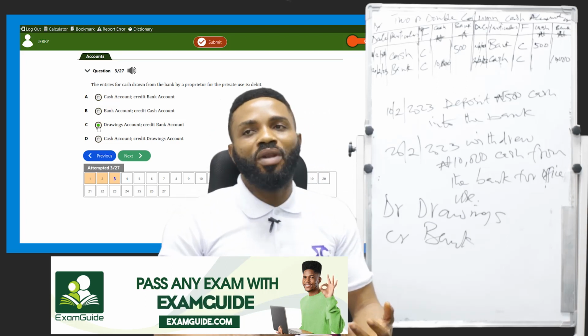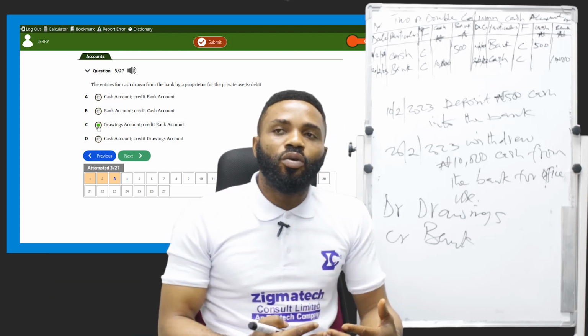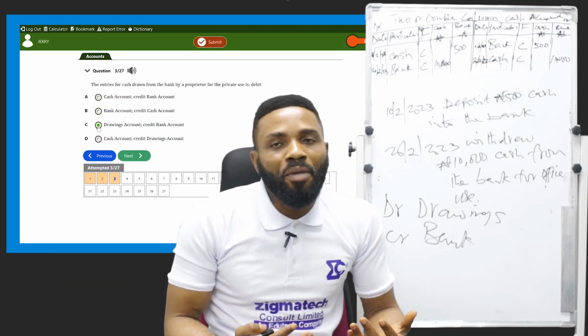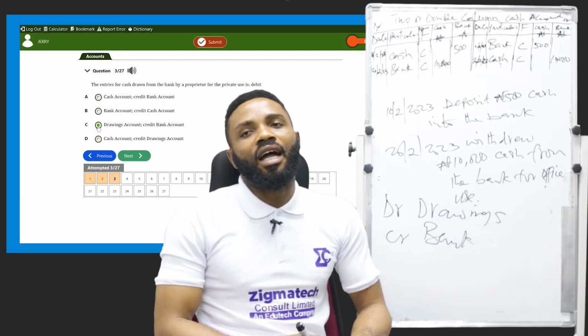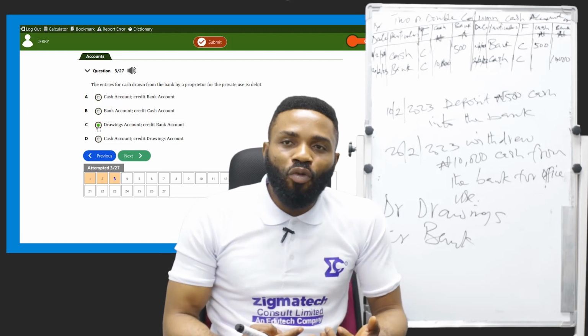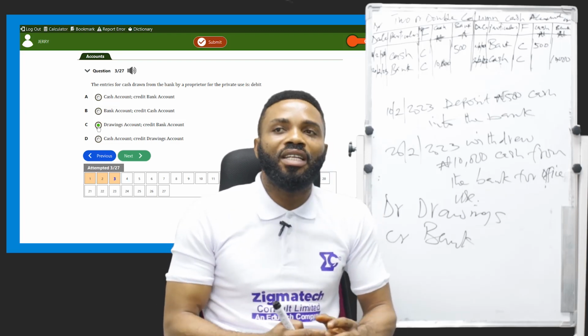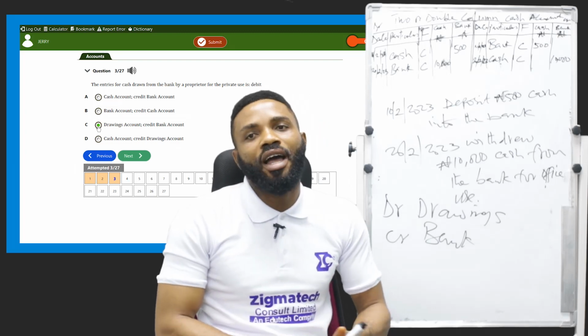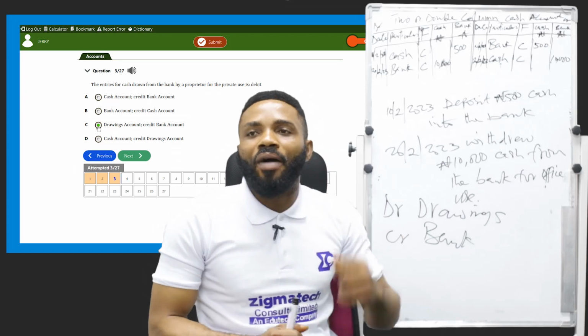And we've been able to explain the concept of overdraft, when the bank gave you the permission to take more than what you have in your account. And then we've been able to explain the difference between drawing and contra entry. And we also explained the need for the C in contra entry. And we have looked at few questions under our exam guide.